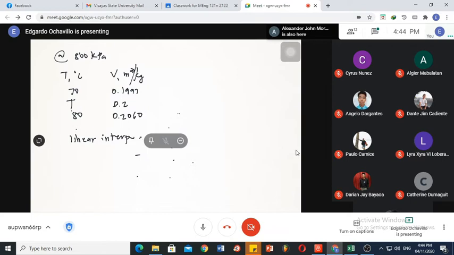Interpolation. So by linear interpolation, we have t minus 70 all over 80 minus 70, and this is 0.2 minus 0.19991 all over 0.2060.